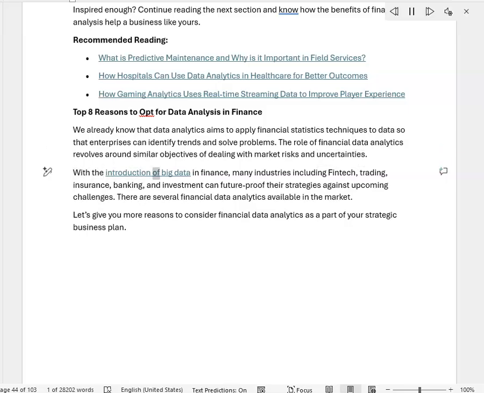With the introduction of big data in finance, many industries including fintech, trading, insurance, banking, and investment can future-proof their strategies against upcoming challenges. There are several financial data analytics available in the market. Let's give you more reasons to consider financial data analytics as a part of your strategic business plan.